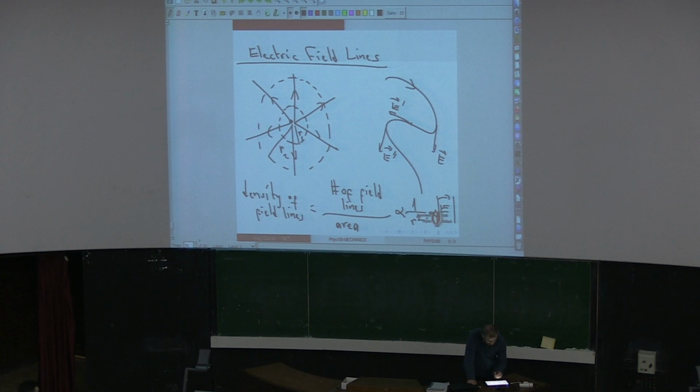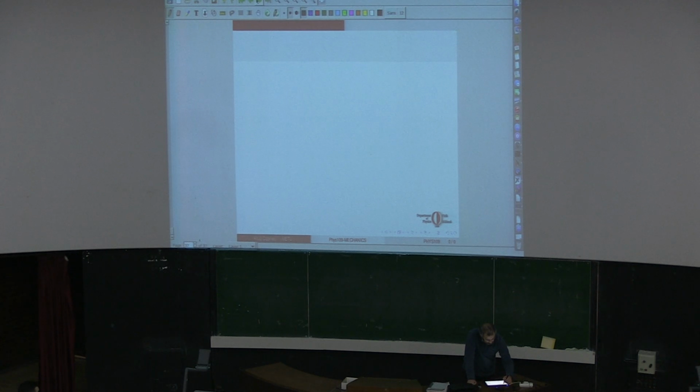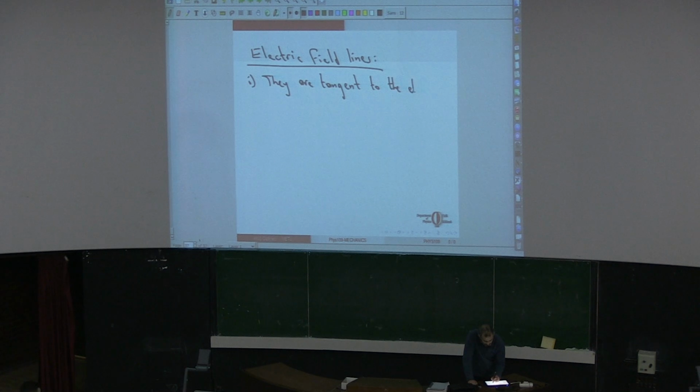So we can say that, okay, the electric field lines have two properties. They are tangent to the electric field at every point.